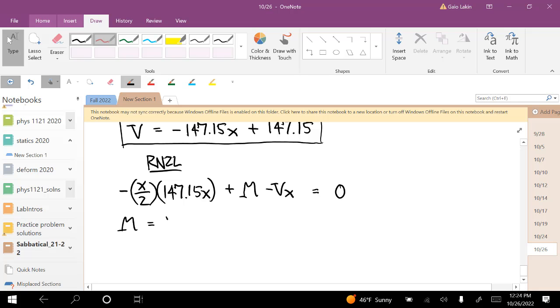So m is equal to vx plus 147.15x times x over 2, which is 73.58 x squared.